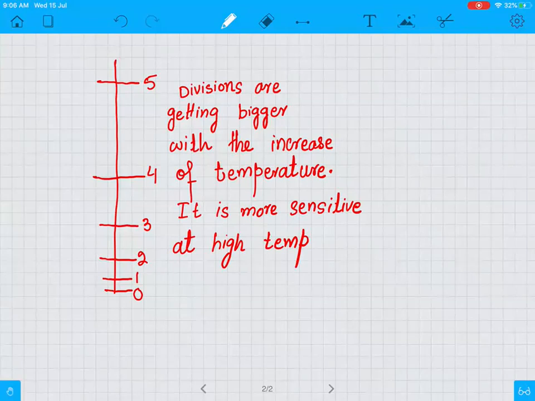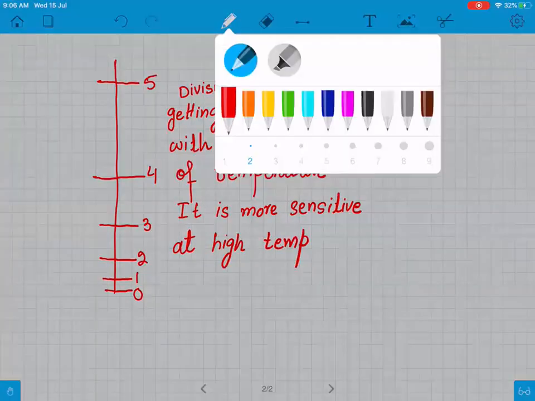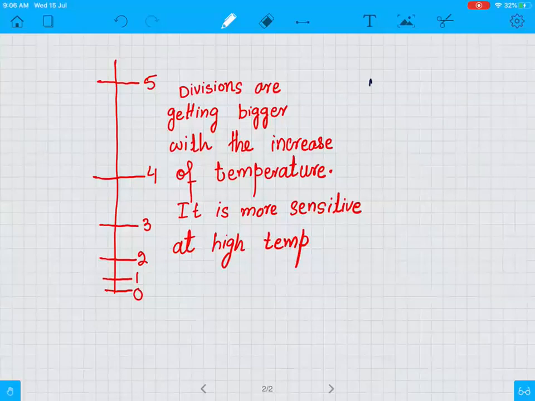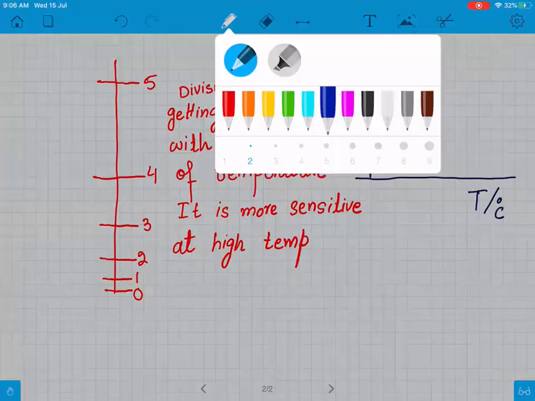Now, if we draw a calibration curve for this thermometer, then you must understand that the graph will bend towards, you see, this is length in centimeter, and this is temperature in degree Celsius. Now, one thing that you have to understand is that first differentiate the apparent and the actual quantity.